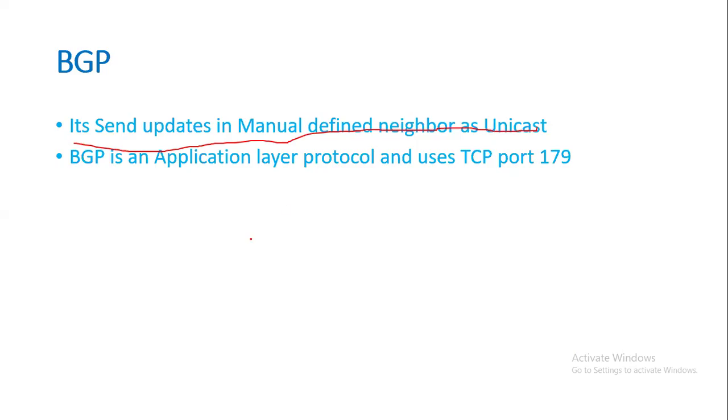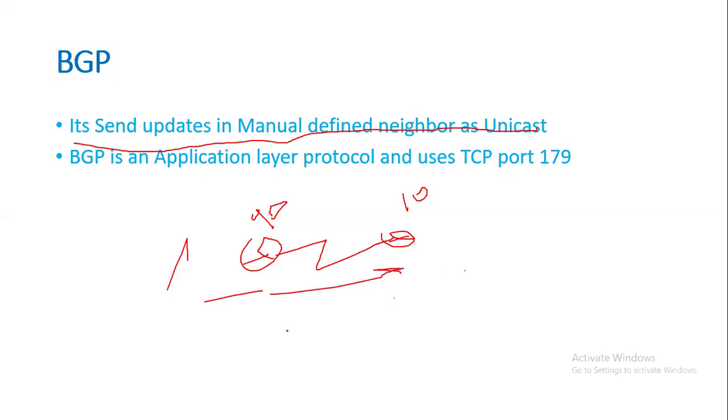That means if you have router 1 and router 2, and let's take an example, if you are using EIGRP and you have mentioned the EIGRP autonomous number 10, then once you enter the router EIGRP and the network information, they will start exchanging information without doing anything, right?